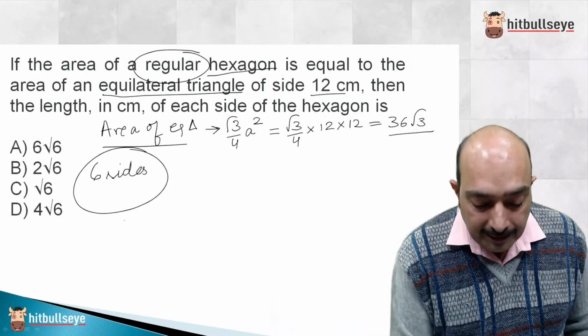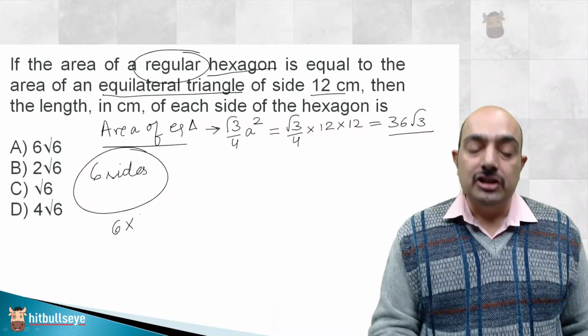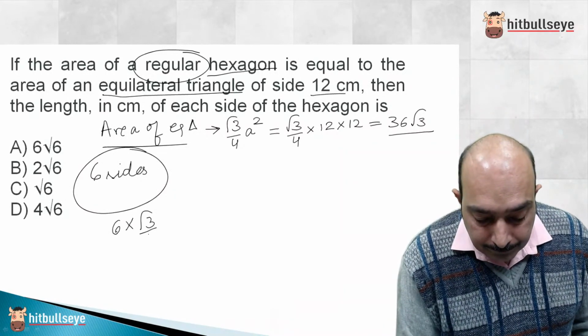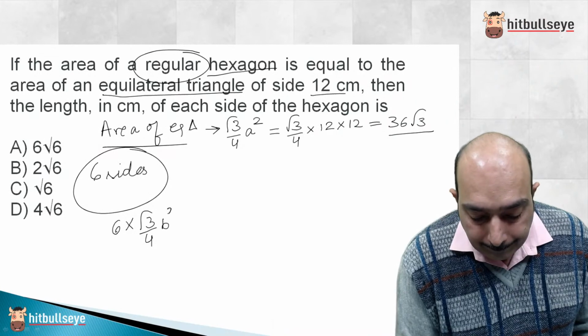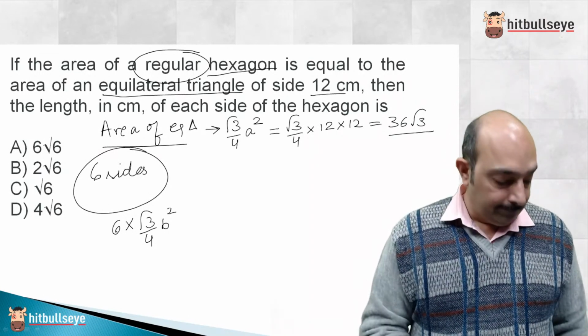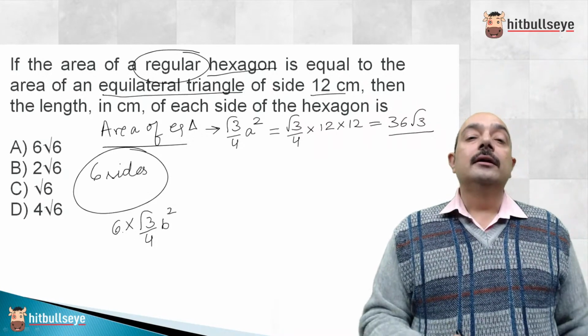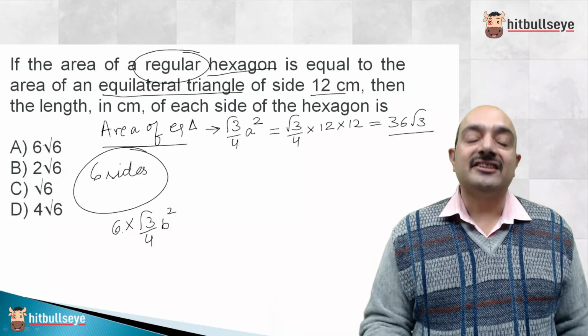triangles. What does that mean? You will write 6 into area of each equilateral triangle, that would be root 3 by 4 b square. Now I'm taking b as the side of the hexagon which we have to calculate. So 6 equilateral triangles make a regular hexagon.